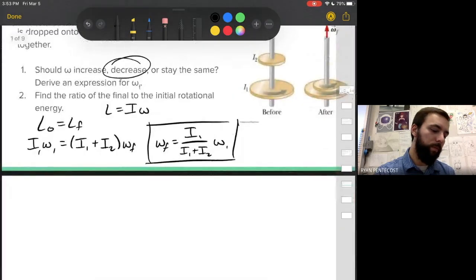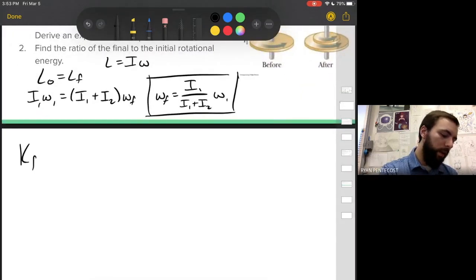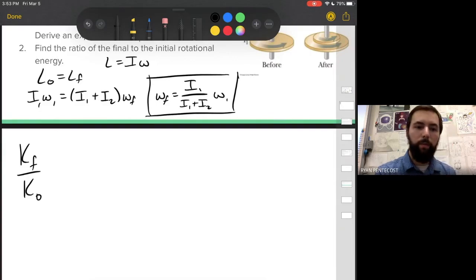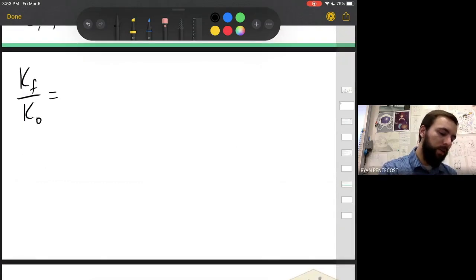Okay. Now the next part says find the ratio of the final to the initial rotational kinetic energy. So this is asking for K final divided by K naught. This is going to get kind of complicated. So first, let's solve for K final and K naught.